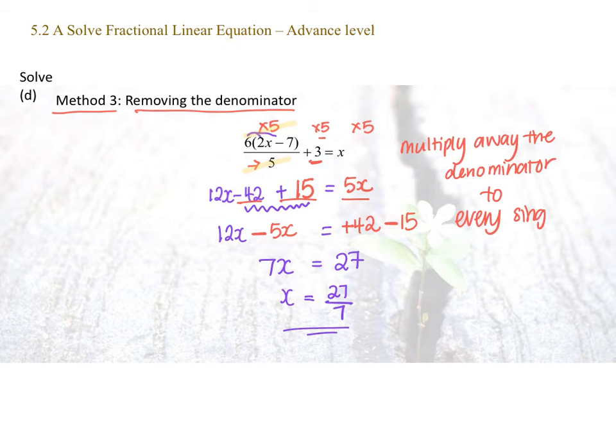We need to multiply to every single term in the equation. Have you gotten the concept? In the next few parts of the video, we will not be using method 3, so mainly we'll be trying out method 1 and method 2.